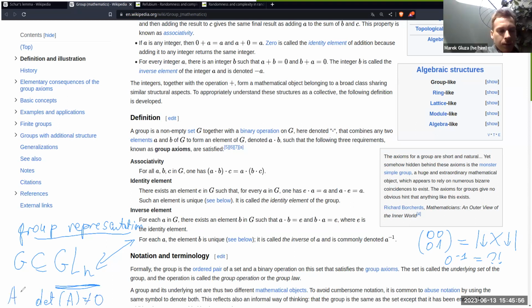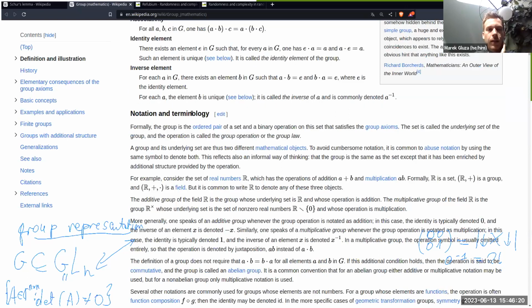So this is all A matrices n by n such that the determinant of this matrix is non-zero, and this is our group here. It's actually a group of general linear transformations. Those matrices you can view both as an abstract group and as a representation of itself.